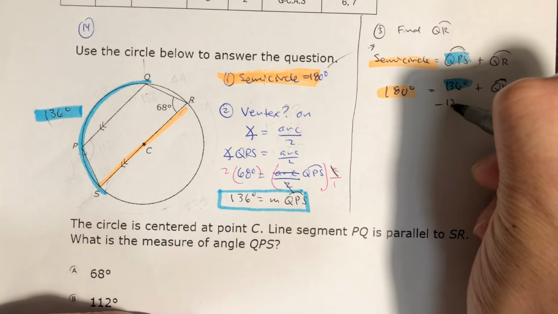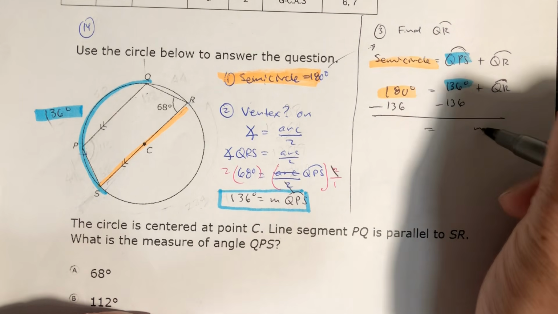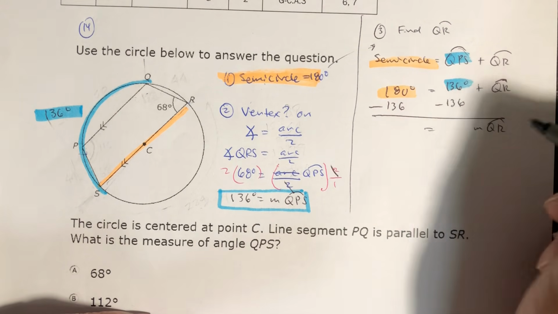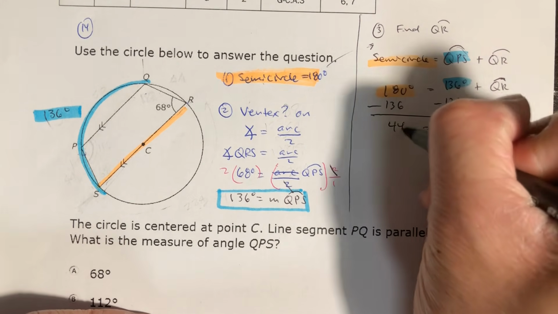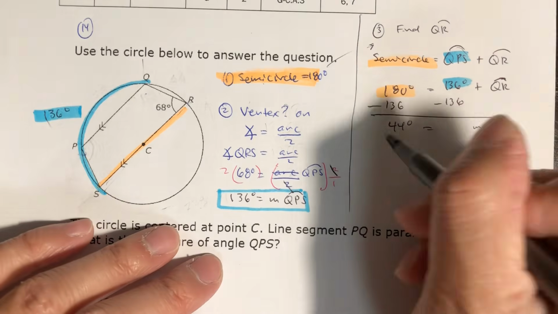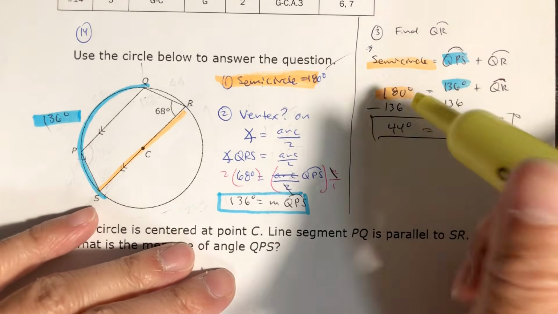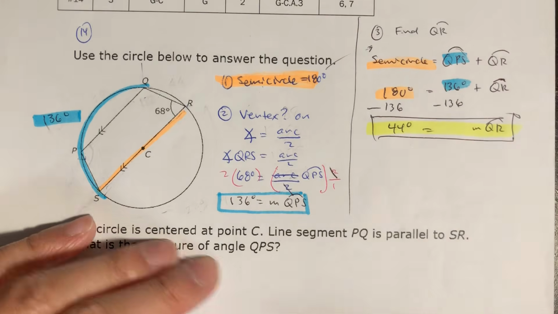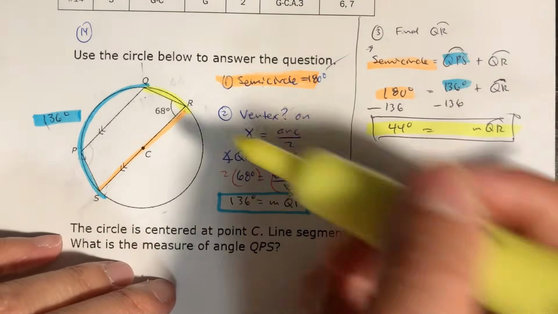If I subtract 136 here, I'll get the measure of arc QR is equal to 44 degrees. So this one in yellow, QR, is 44 degrees.